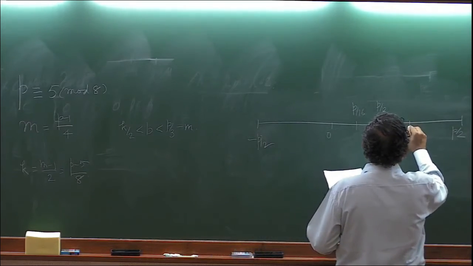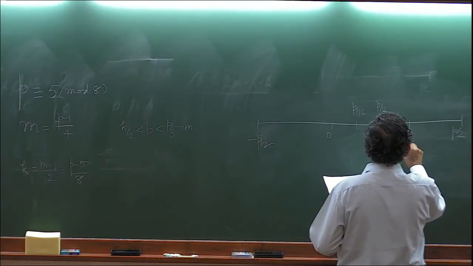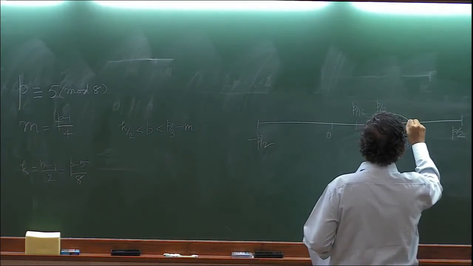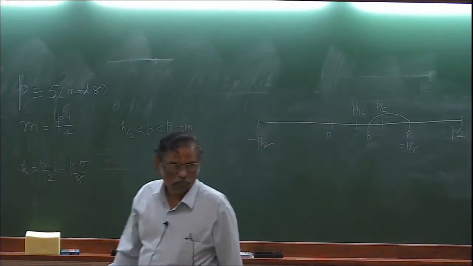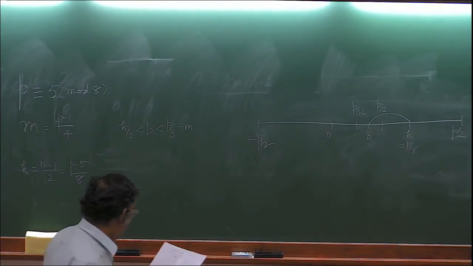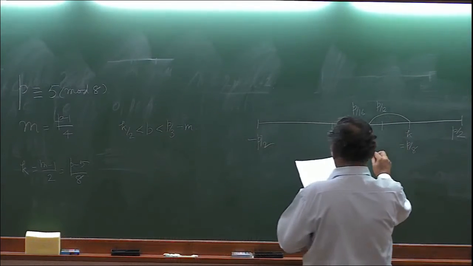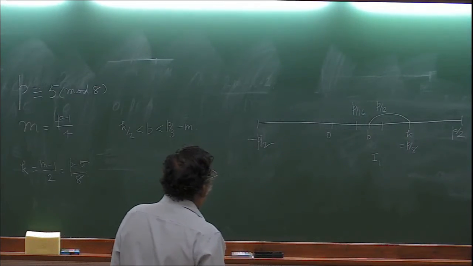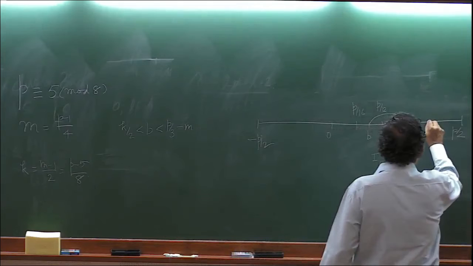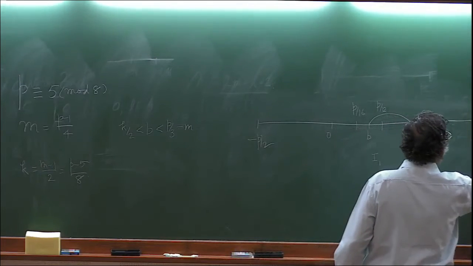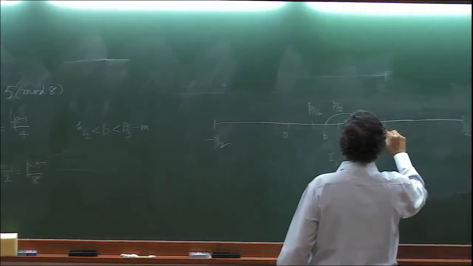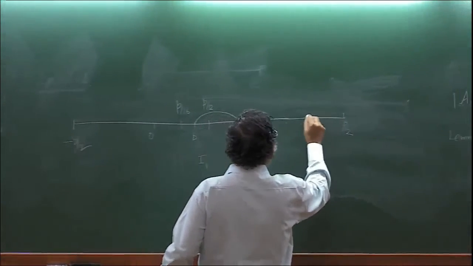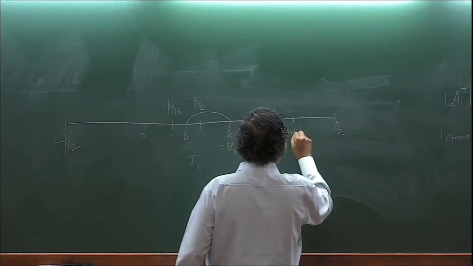And then your K is there, which is around P over 8. You take all elements between B and K, which you call I1. And then you have an M, which is around P by 4, and you have an M plus B minus 1.